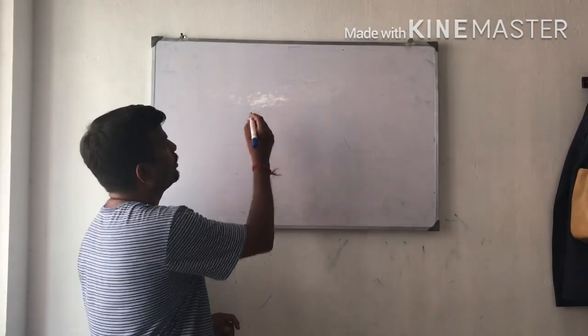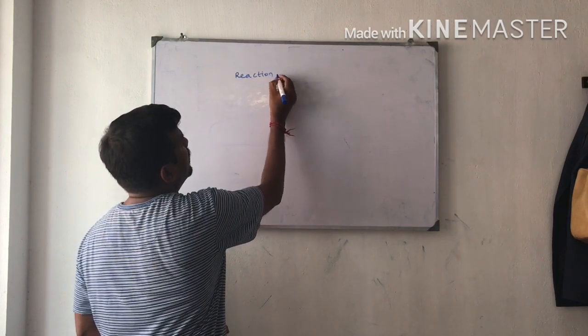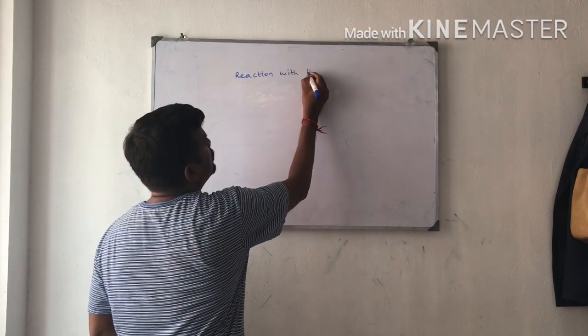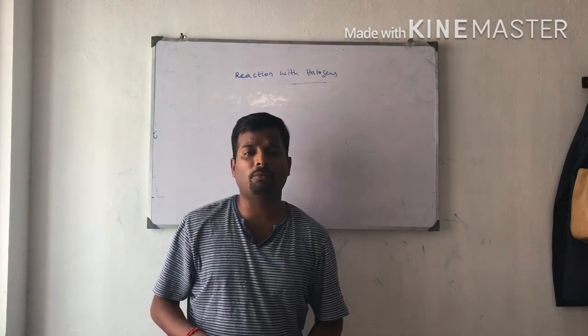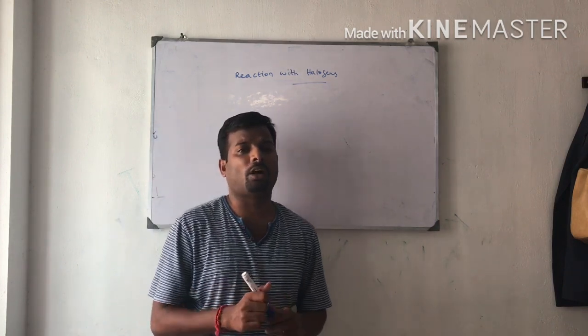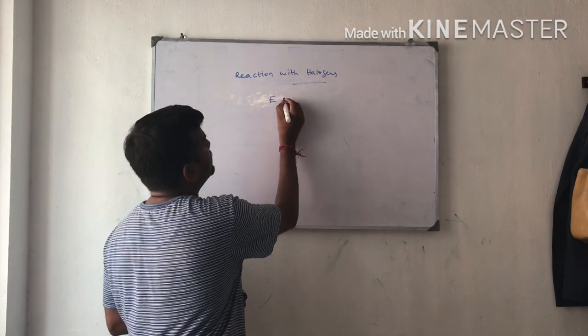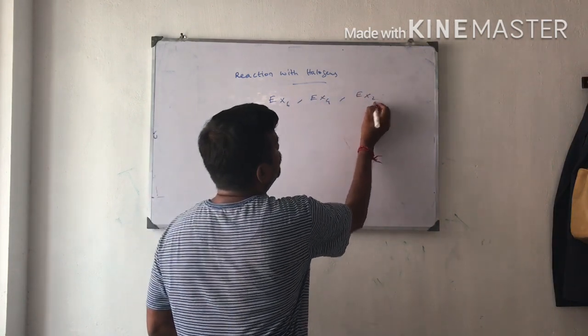Students, now I am going to tell about the 16th group element reaction with halogens. Group 16 elements form a large number of compounds with halogens of the type EX6, EX4, EX2.